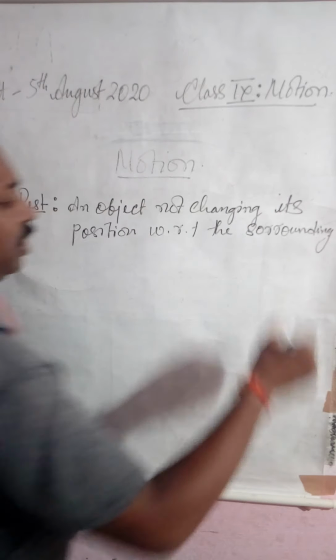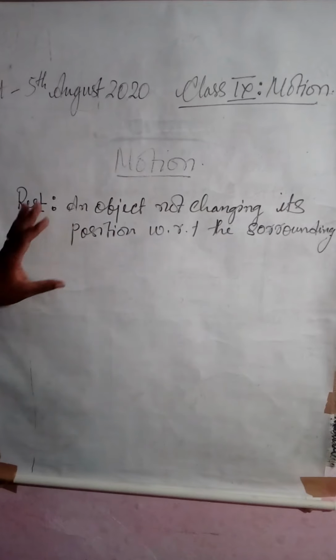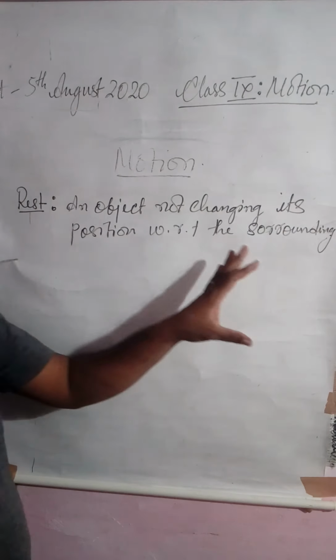In this case we say that the object is at rest. That means if an object is not moving with respect to its surrounding, then we say that the object is at rest.